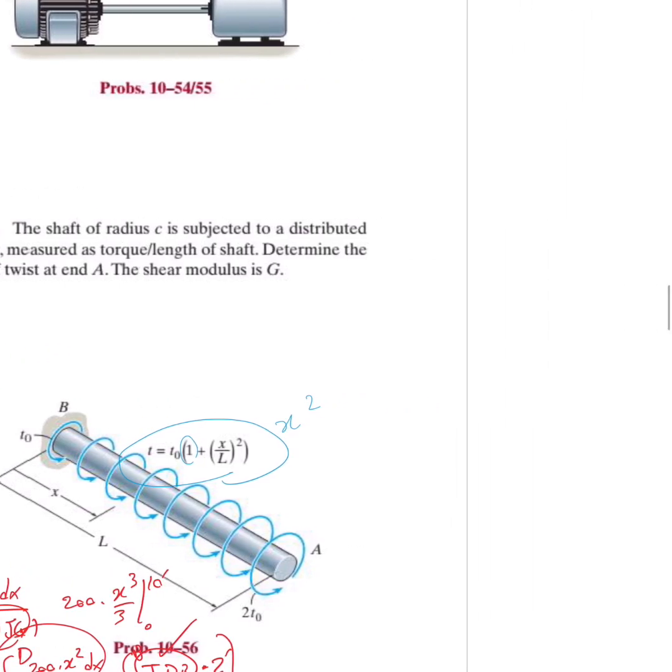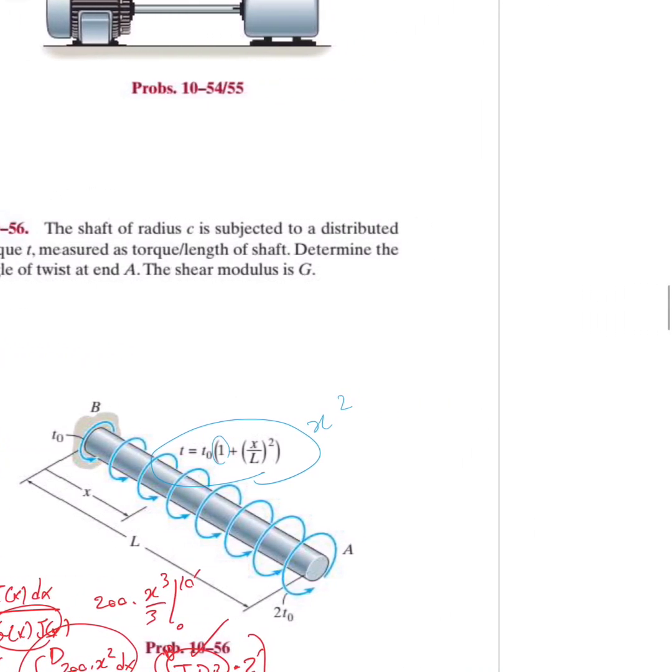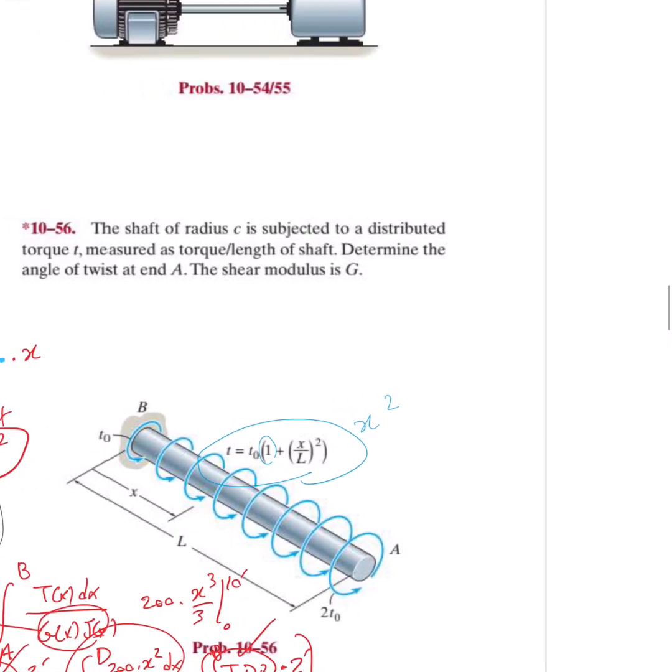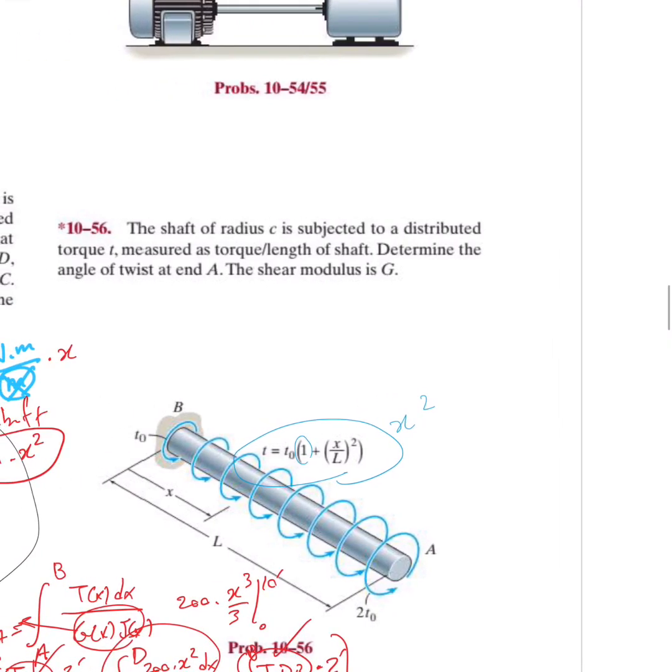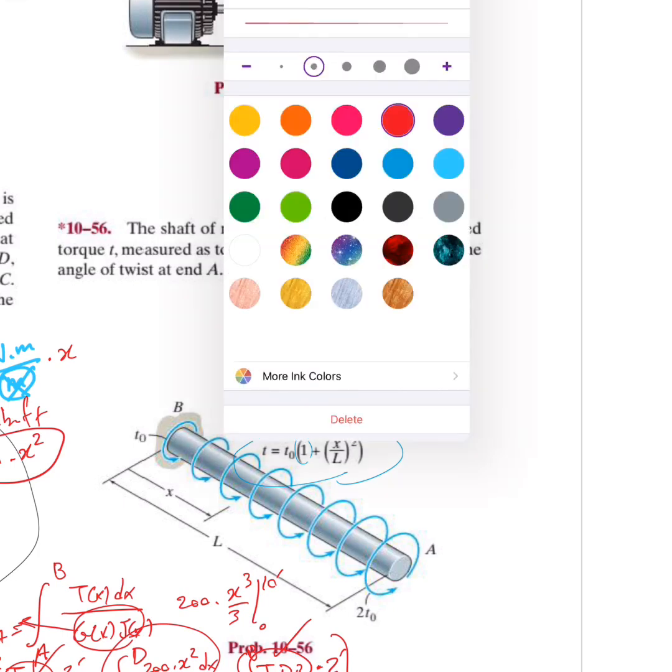So what can I do here? I just simply write this integral and use the black color.